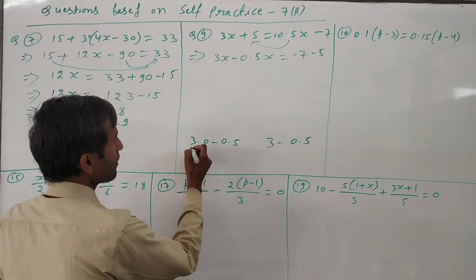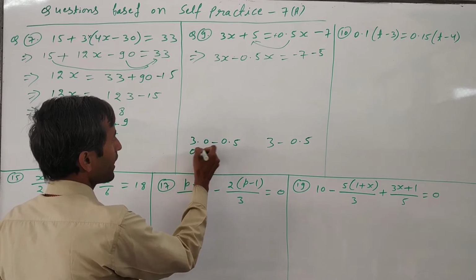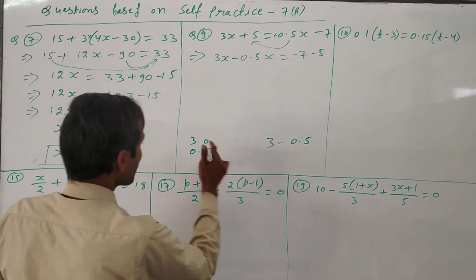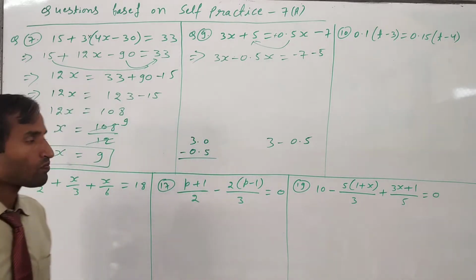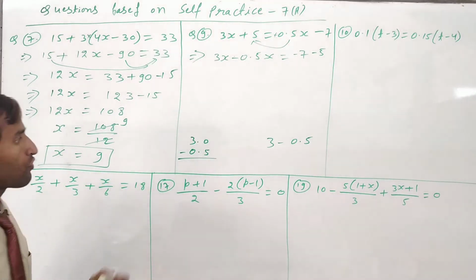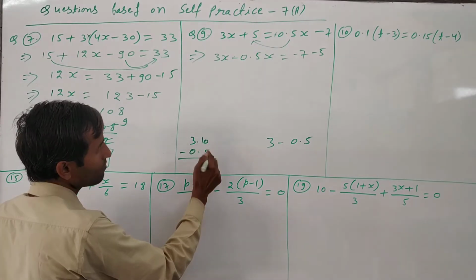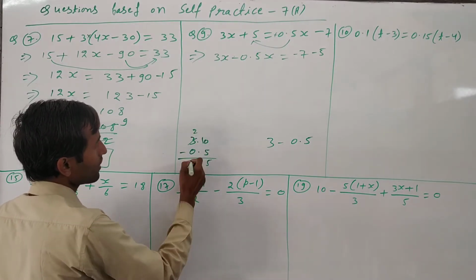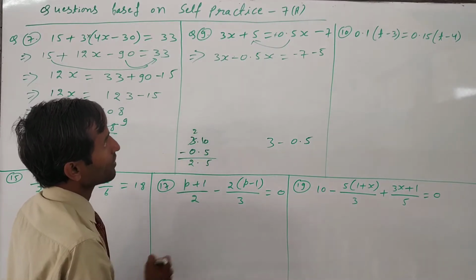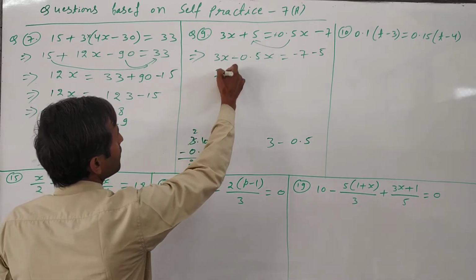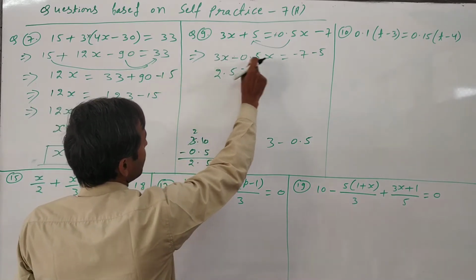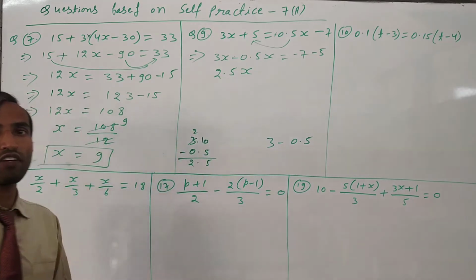Now write it down like this and subtract. Take a borrow from here, then it becomes 10. 10 minus 5 is 5. Here 2 is there, so 2.5. So the subtraction of both is 2.5x.